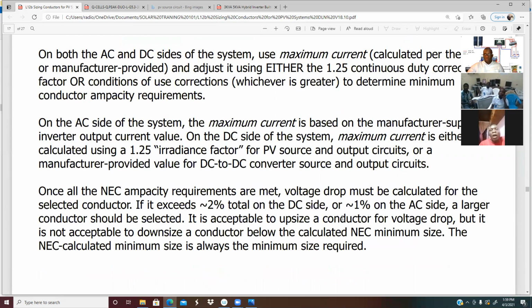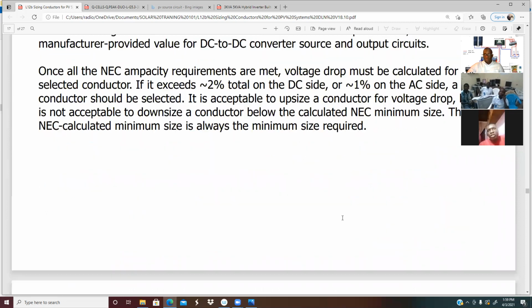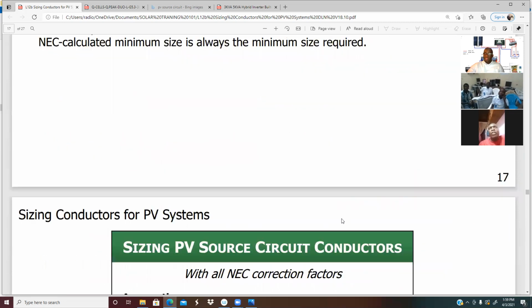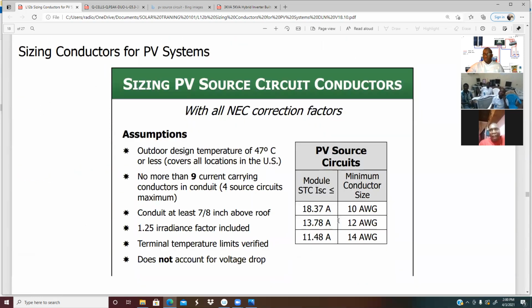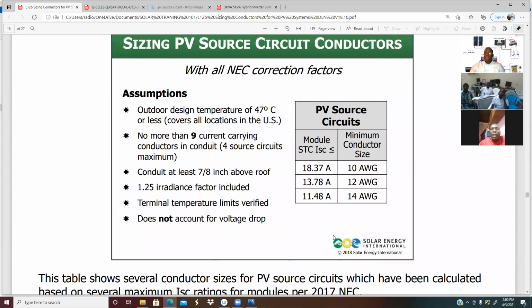AWG stands for American Wire Gauge. It's just a name for American wires.